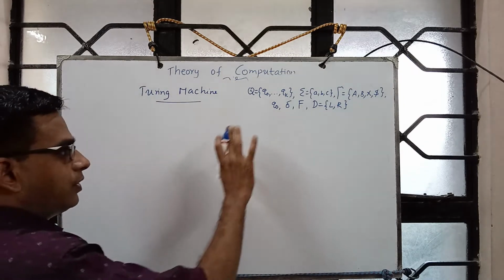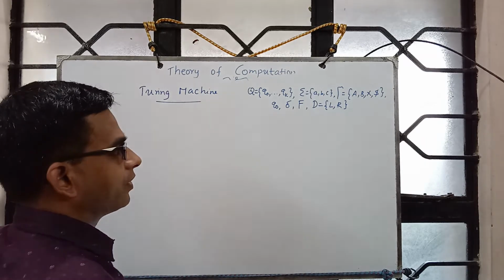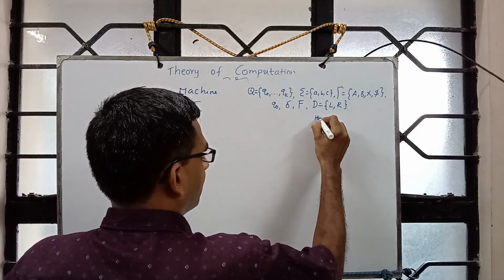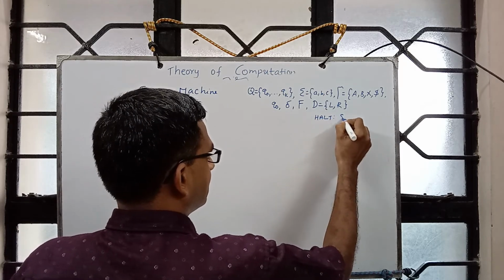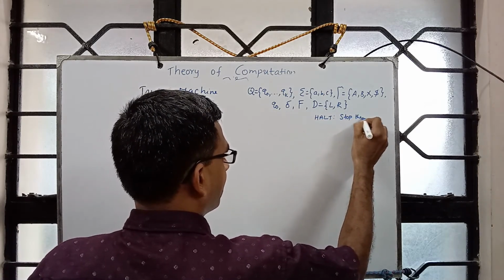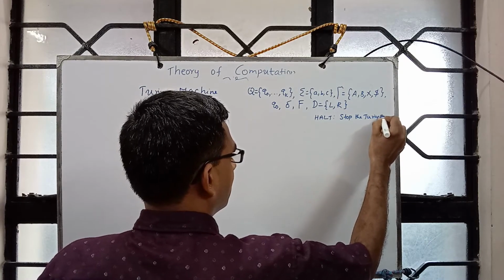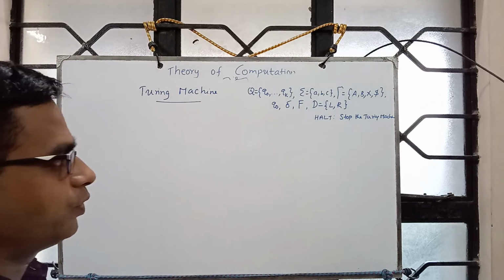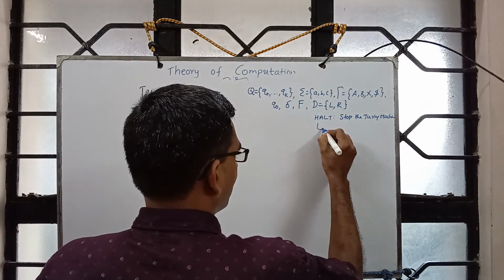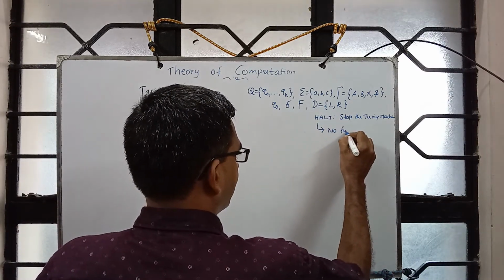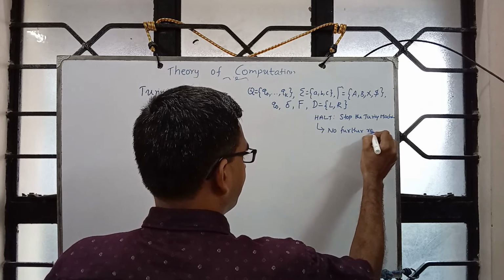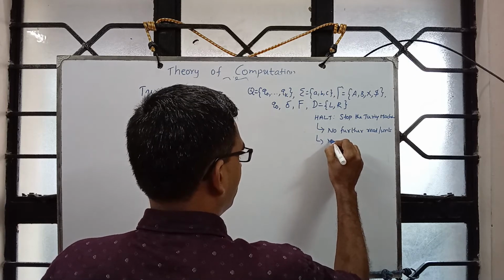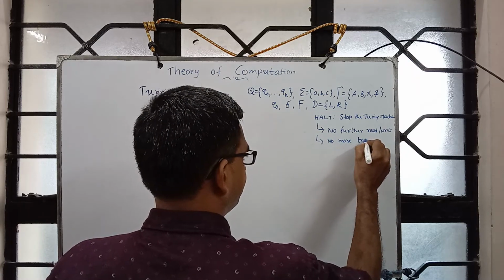And after doing some computation, we want to stop the machine. We say halt, which means stop the Turing machine. And once we say halt, there is no further transition, no further read or write, and no more transitions.